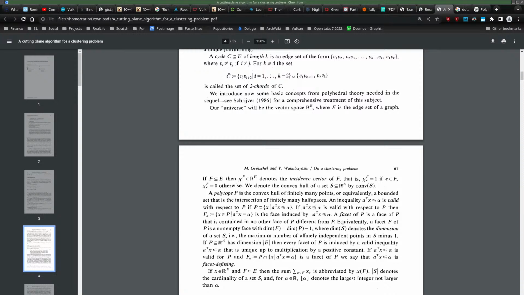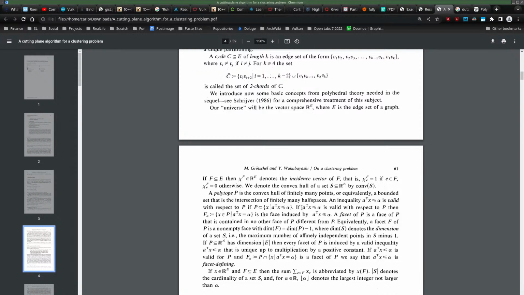If a^T x, so if that cut is valid with respect to some polytope P, then they define F_a. Well, already defined F, so this is more the definition of what the a means here. As all x element of P for which the x's are actually on the border of the half space.